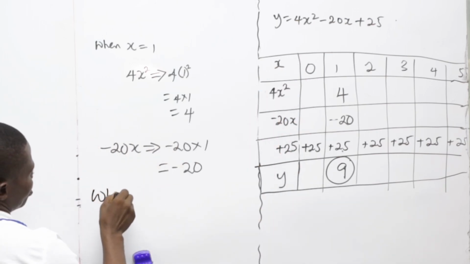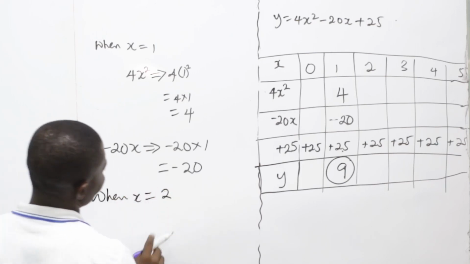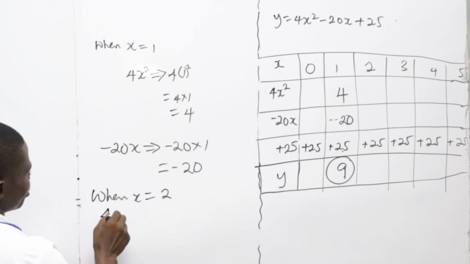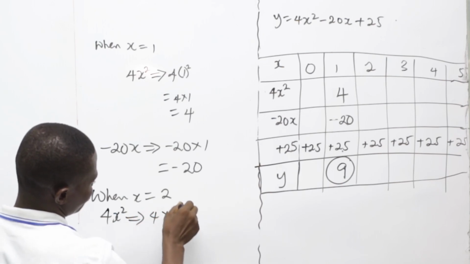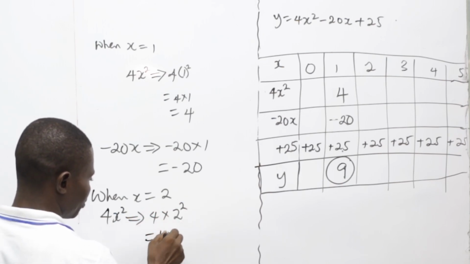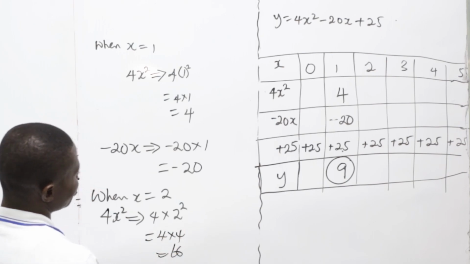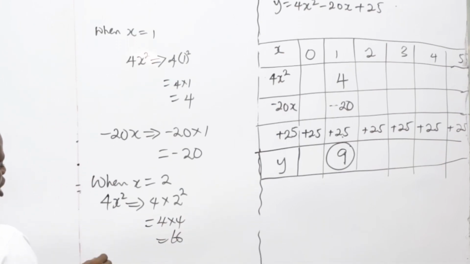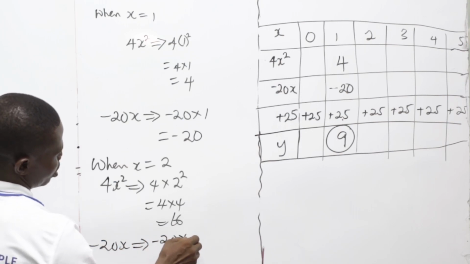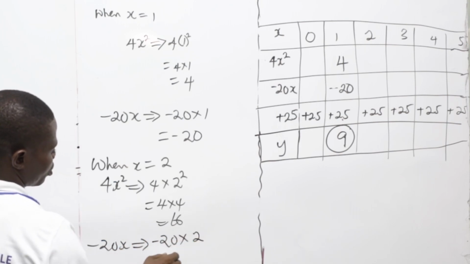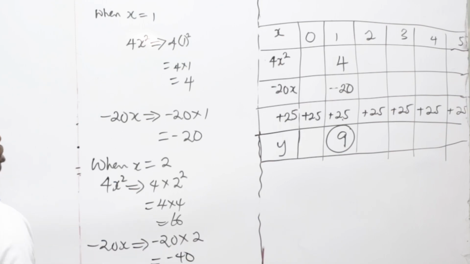When x equals 2, 4x squared implies 4 times 2 squared. They give us 4 times 4, which is 16. And also, minus 20x will imply what? Minus 20 times 2, they give us minus 40.